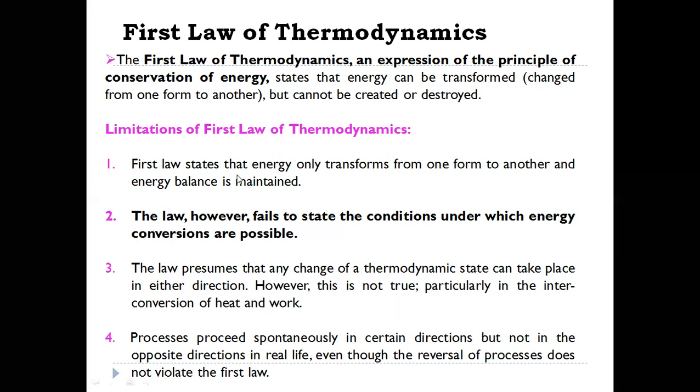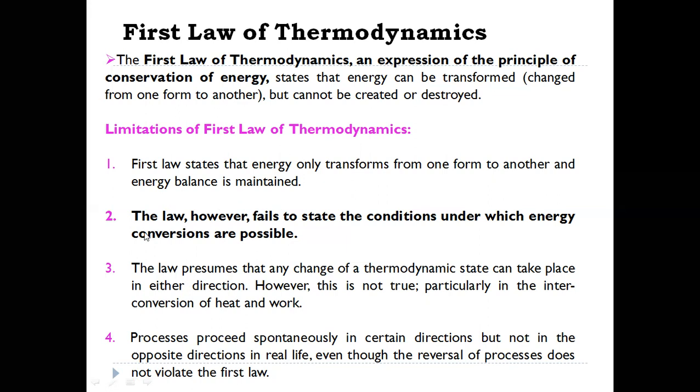Beyond that, it cannot do anything. So this is the first limitation: the first law states that energy only transforms from one form to another. Heat is converted to work or work is converted back to heat, so only the energy balance can be maintained by this law.